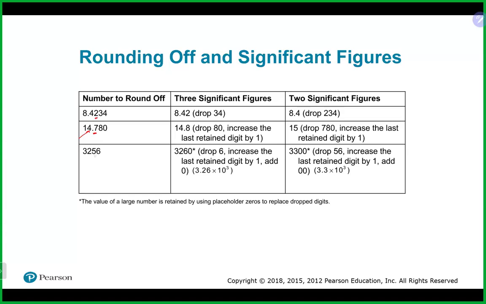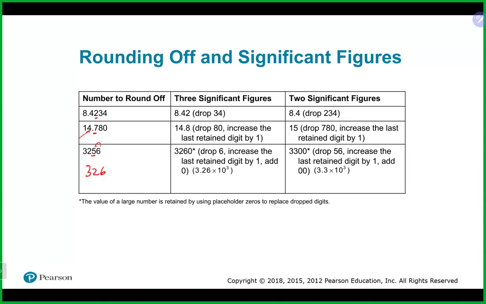Here, we want 3 significant figures, which would take us here. We do want to round up in this case to 326. Once again, in this particular case, I do have 3 significant figures, but is 3256 and 326 the same number value? It is not.